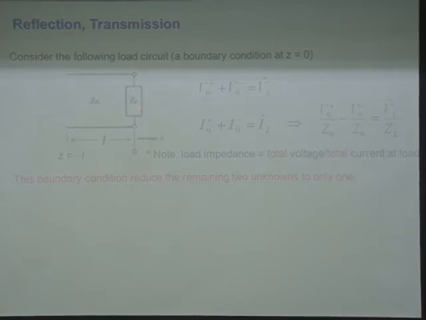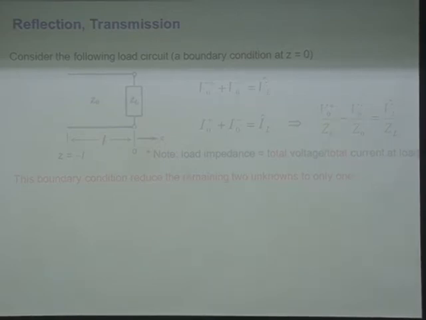So we want to know how much of the signal is reflected back, or how we could design a circuit that allows all the power to be transmitted to your load without being reflected back.